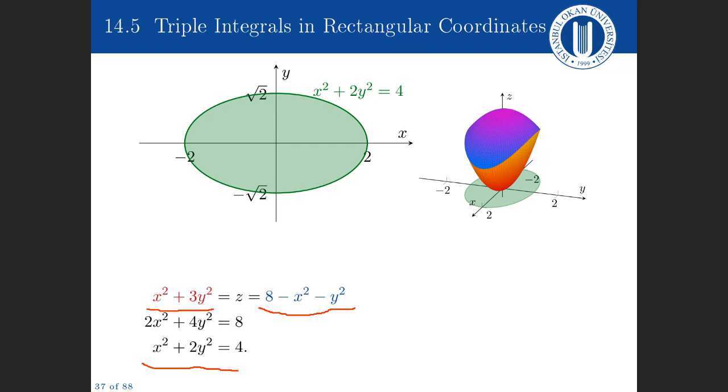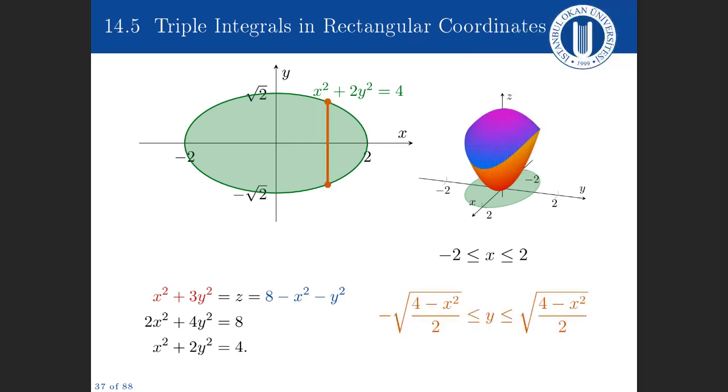What are the limits of integration here? First, what possible values can x take? x is between minus 2 and 2. Next, y. y is going to be between minus square root of (4 minus x squared) over 2 and square root of (4 minus x squared) over 2.